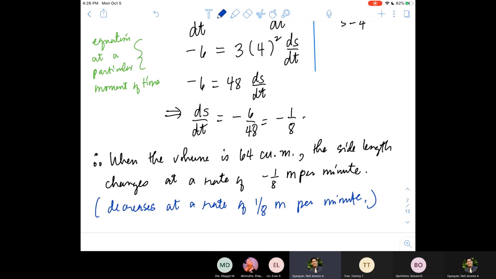We already mentioned that it is decreasing, so that means the rate given should be positive, okay? Because if you say that it decreases at the rate of -1/8 meters, mathematically what comes to mind is that the side length actually will be increasing, right? So just be careful in how you write your conclusion.